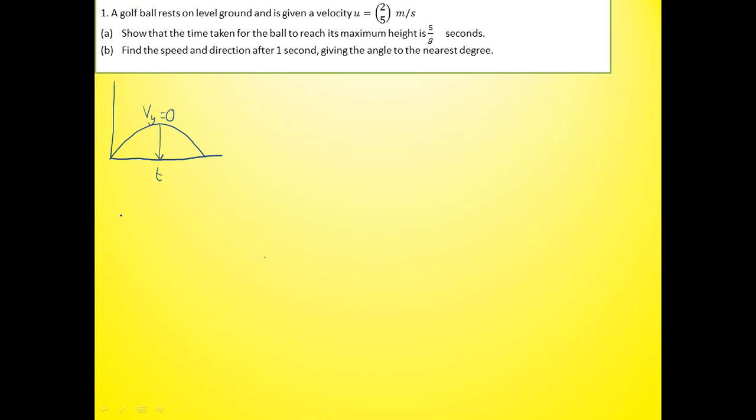Now I'm going to do this in column vector. It's probably not the best way of answering this question, but as I said before, just to show you a way of doing it using column vectors.